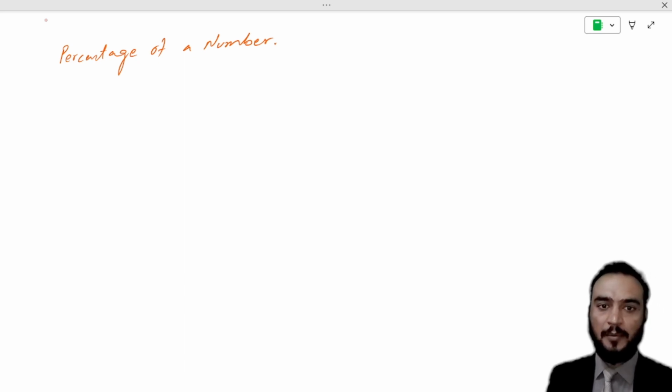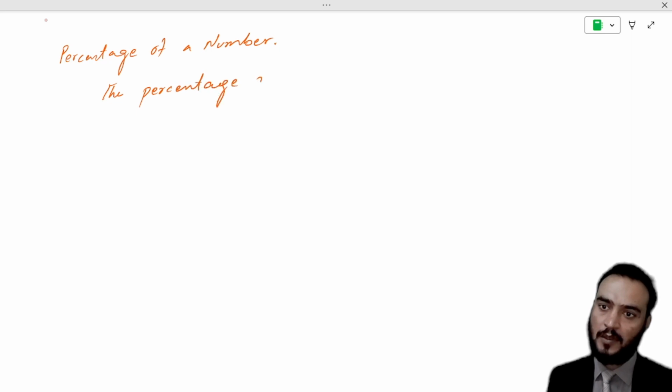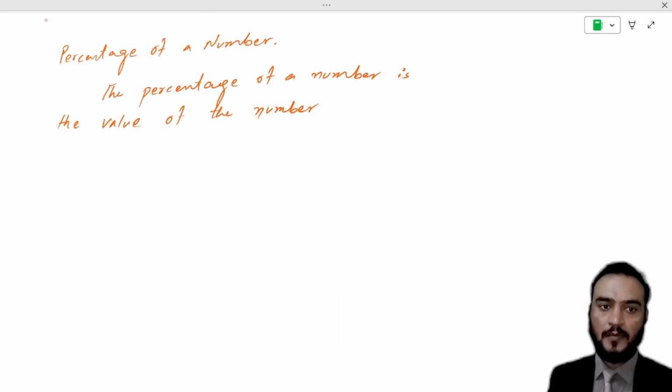The percentage of a number is the value of the number out of 100.